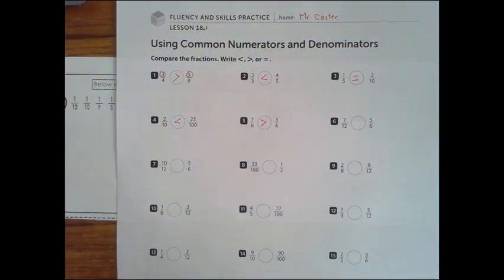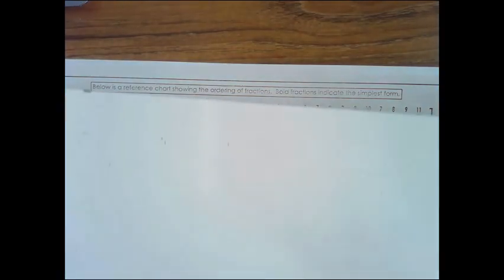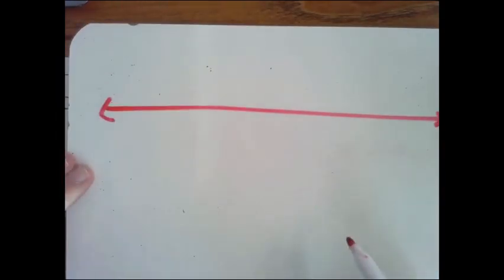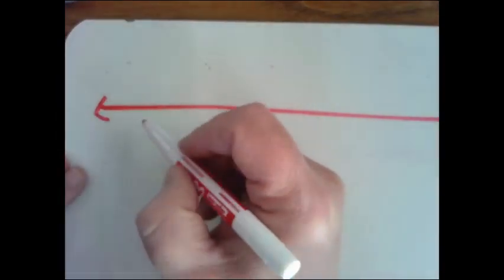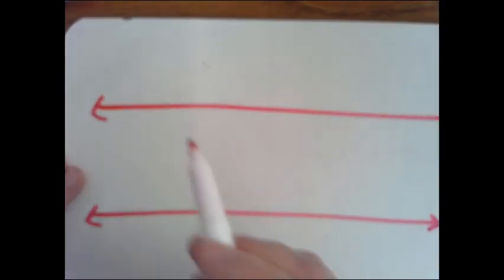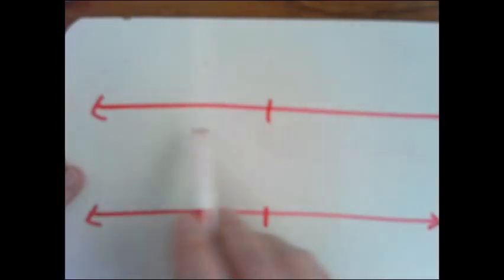And another way to think about it is looking at a number line. This one is a little bit unique in a way if we did it with a number line. So if we had 7/8, let's make 2 number lines here. I'm going to make 8ths up here.